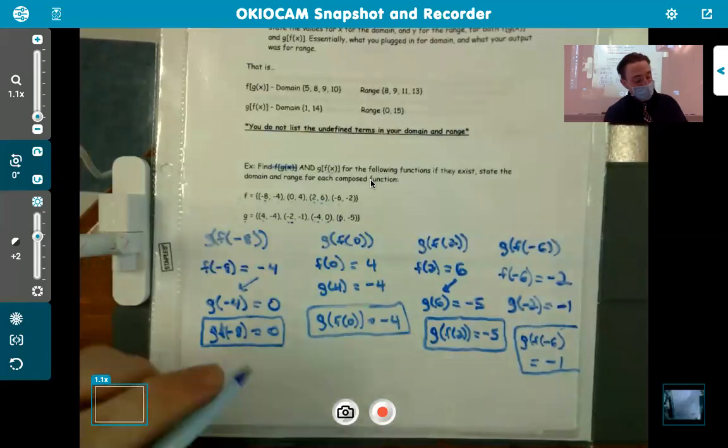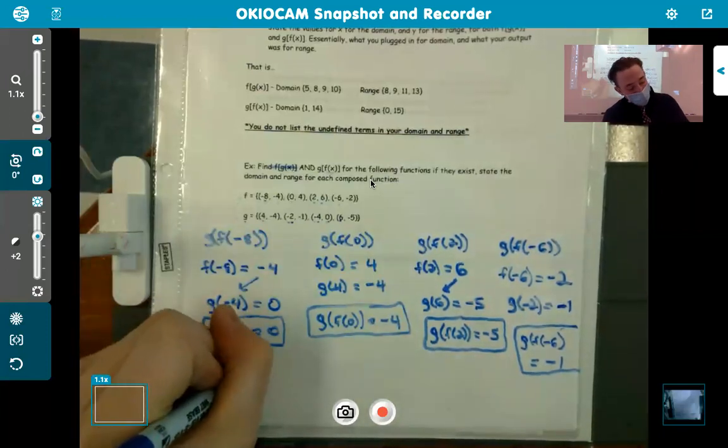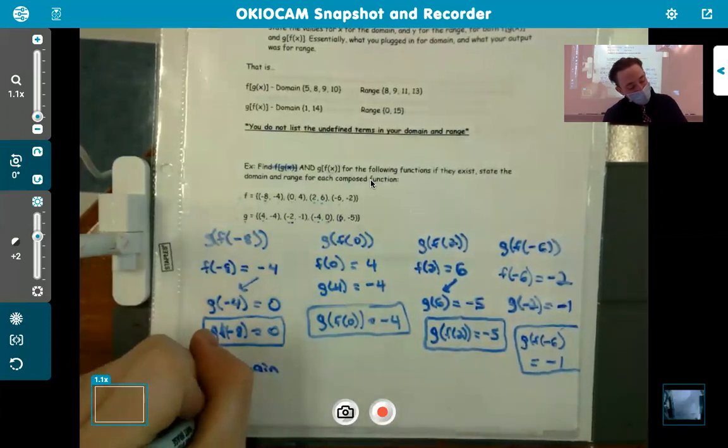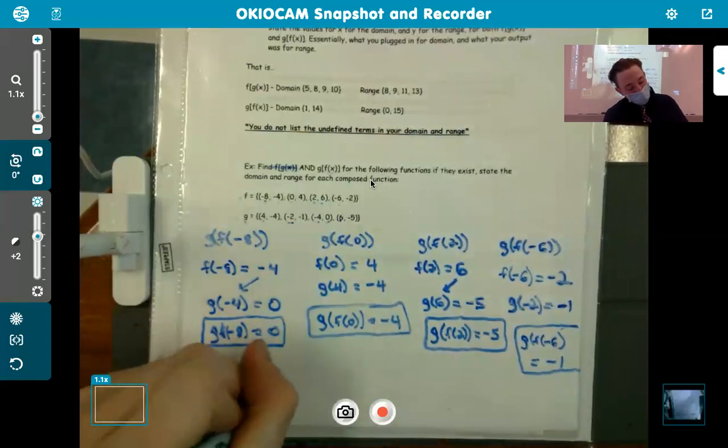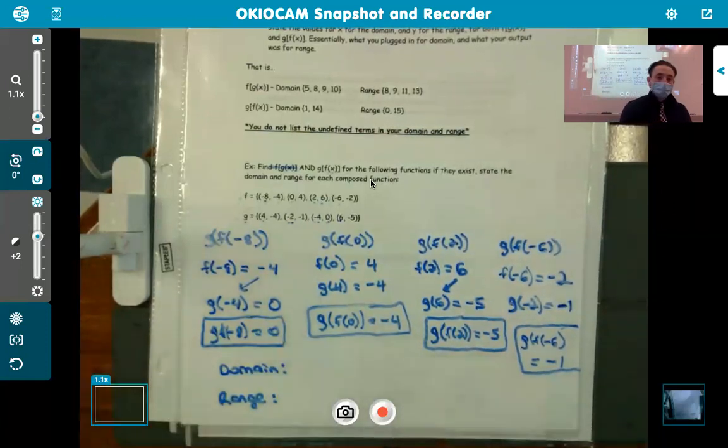Now what we want to do is state our domain and range. Remember, our domain is all the x values that we plugged in to the original composition. So what were the x values that I started off plugging in?